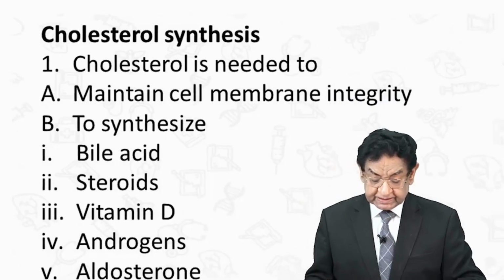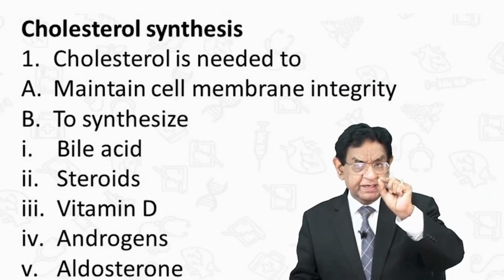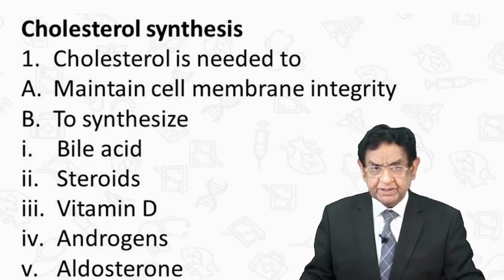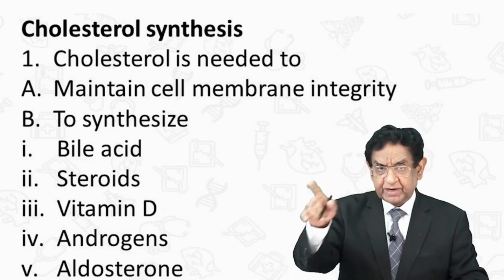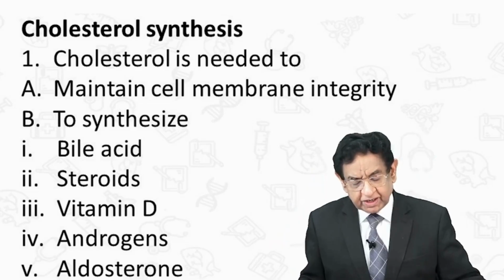So cholesterol synthesis, we learned a quick recap. It was acetyl coenzyme A getting converted into HMG CoA, and that HMG CoA was converted into mevalonate, and this mevalonate gets converted into cholesterol.